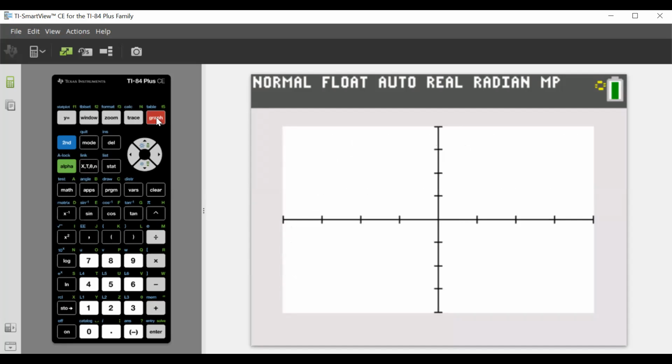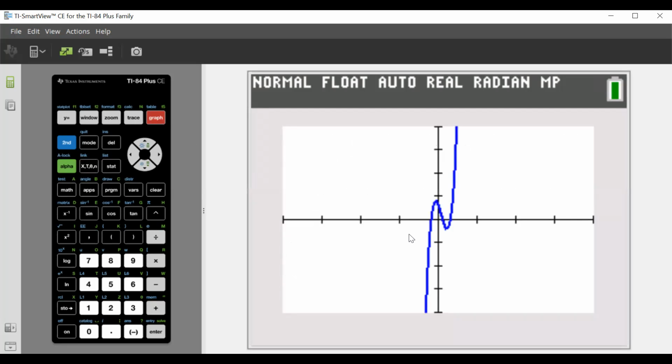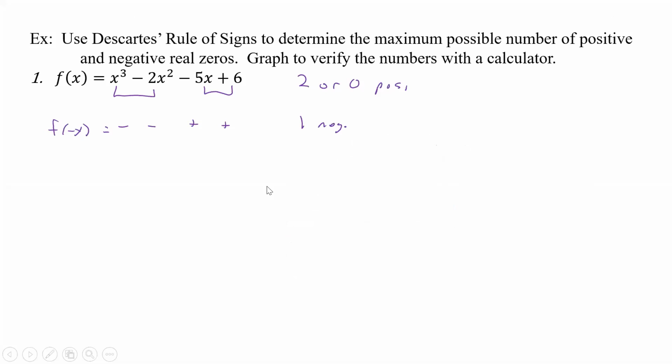Now hopefully our graph has enough space. So we've got 1 negative, 2 positive. So that's not going to be a 0 there. It's going to be the 2 and 1. And that's all we have to do on this one. Verified with a calculator, and we have our 2 and our 1.